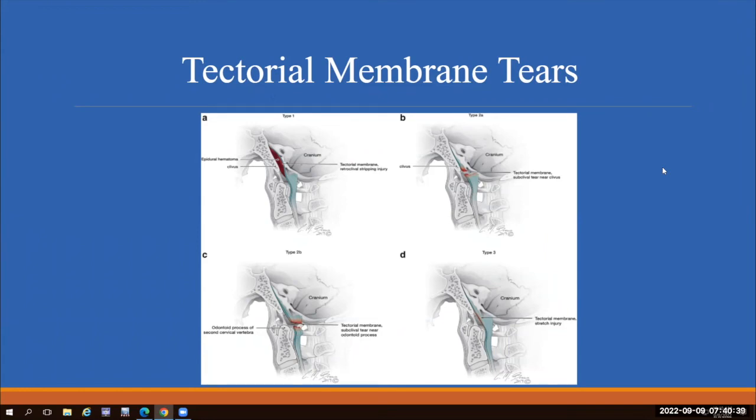But you can indirectly infer that they are present if you see hematomas in certain spaces. In kids, if the hematoma is posterior to the clivus, or in adults, if the hematoma is in the supradental space on the CT scan, it's suspicious for a tectorial membrane tear. And because it's suspicious, as a radiologist you should recommend a follow-up MRI to see if the tectorial membrane is torn or not. You can directly see it on MRI.